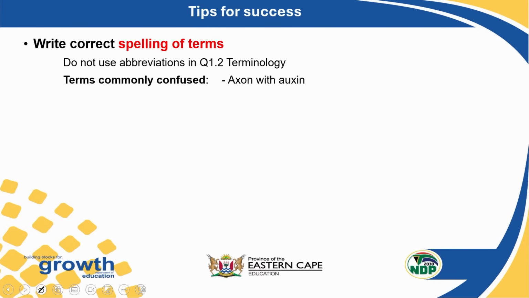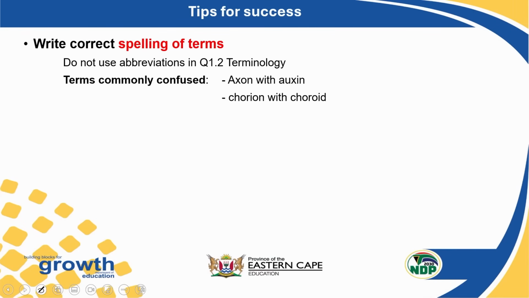Spelling is a big problem, and it's causing people to lose marks. Firstly, don't abbreviate the terminology. Secondly, know your words. When you're studying, write down the words so that you get the correct spelling. Terms like axon and auxin are very often confused, and an axon is totally different to an auxin.